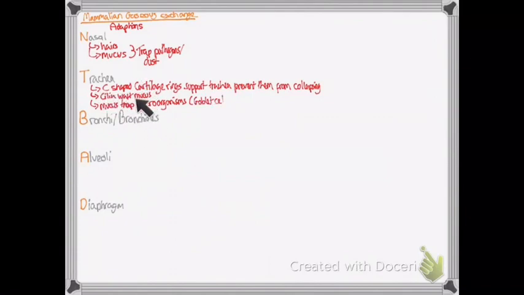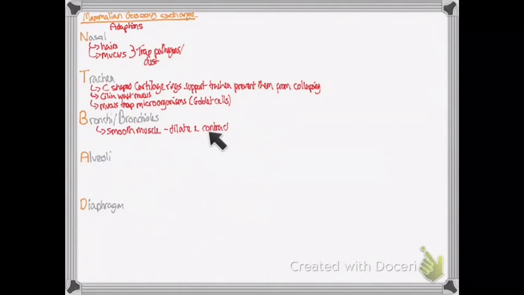They also have ciliated cells which waft mucus, so they're epithelial cells, and within these epithelial cells we have goblet cells which secrete mucus again, and that traps microorganisms. If we look at bronchi and bronchioles, within them they've got smooth muscle which can dilate and contract.